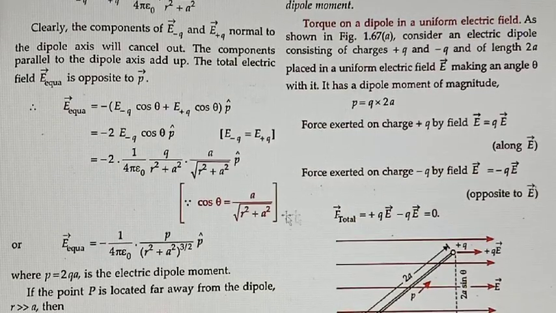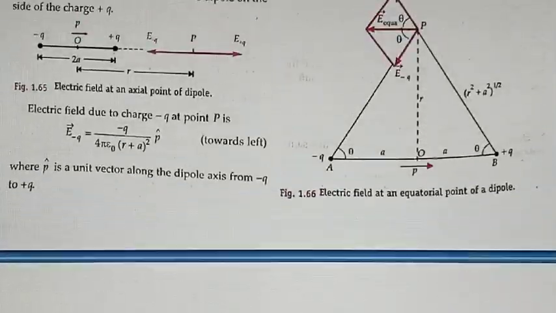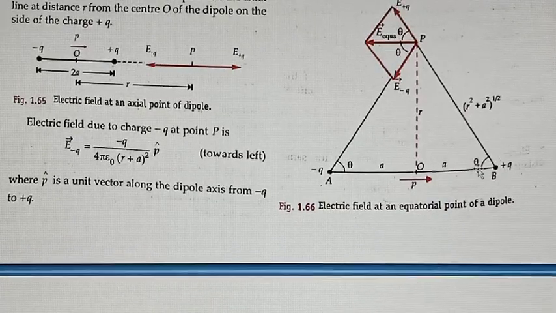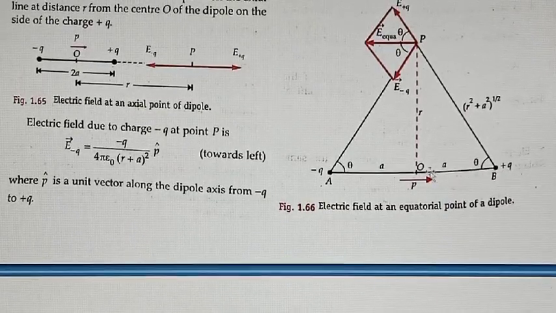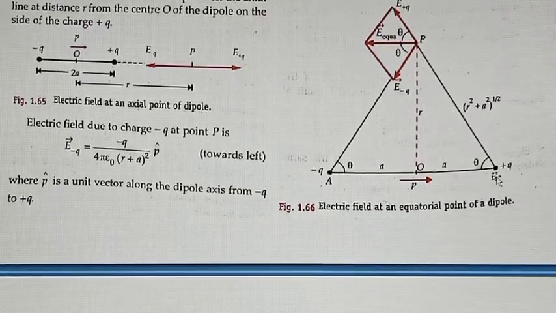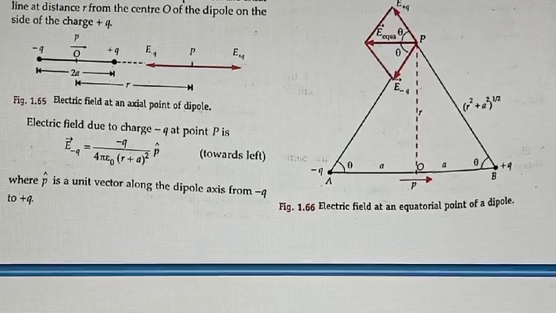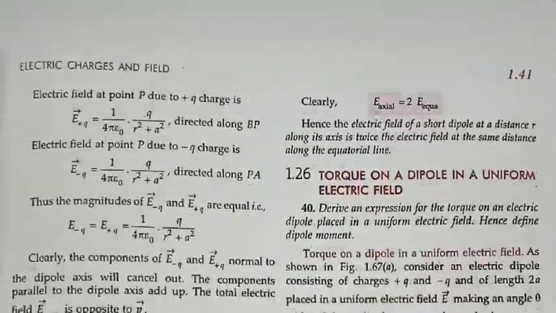Put the value of cos theta is equal to B by H. You can see this diagram again. Cos theta is equal to B by H. For this right angle triangle, B means A, and H means root over R square plus A square. So you can put the value of cos theta there.